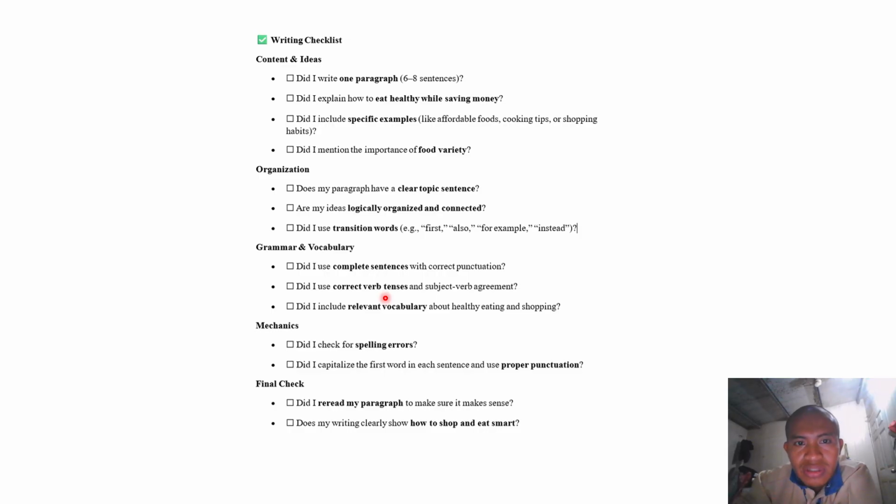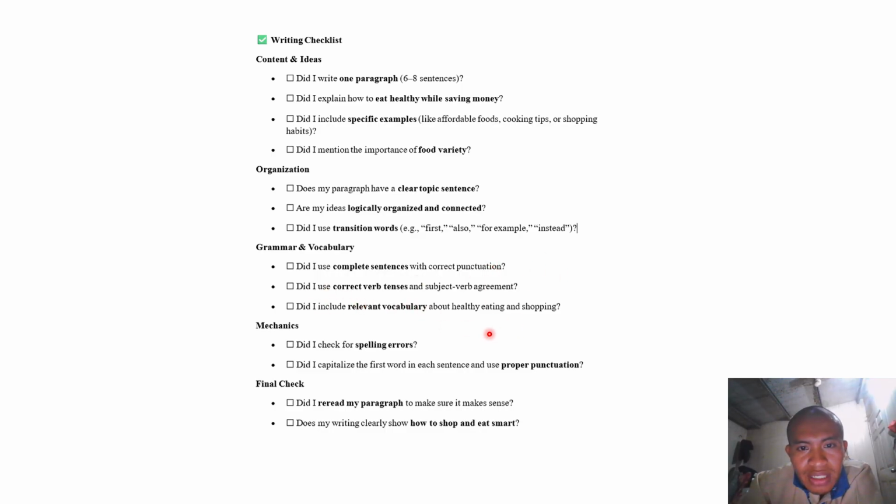Write the topic sentence in a clear way, with ideas logically organized and connected. Use transitions that fit, for example, "instead." Write complete sentences with correct punctuation. So remember the period at the end of each sentence.